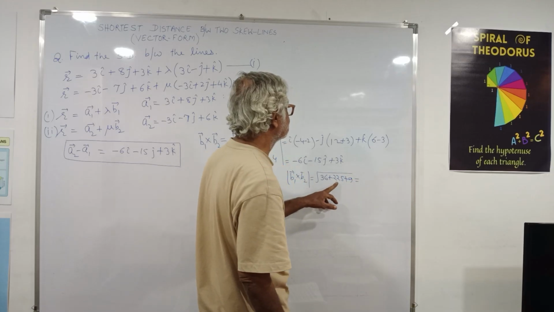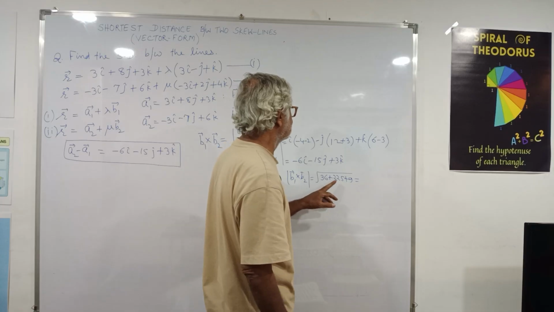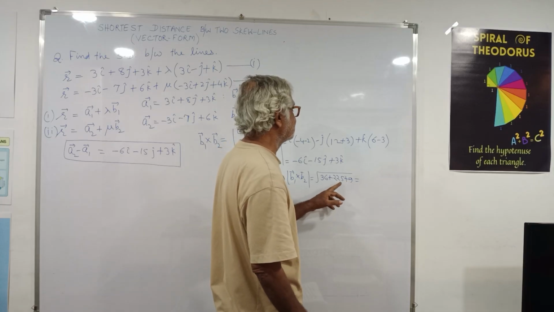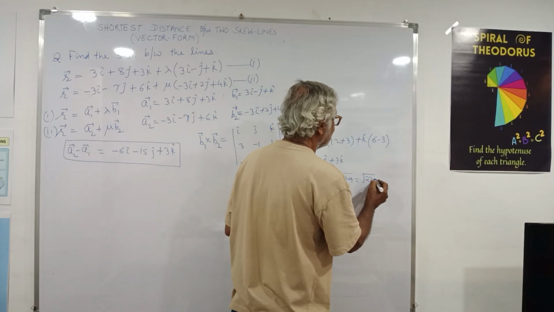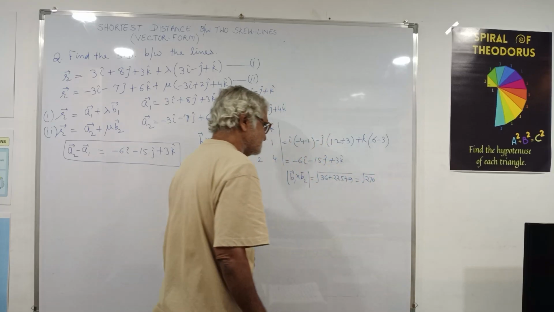So 225 plus 45, 270. Under root 270 is the mod of b1 cross b2.